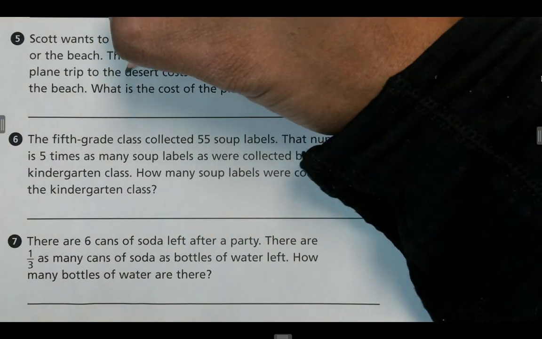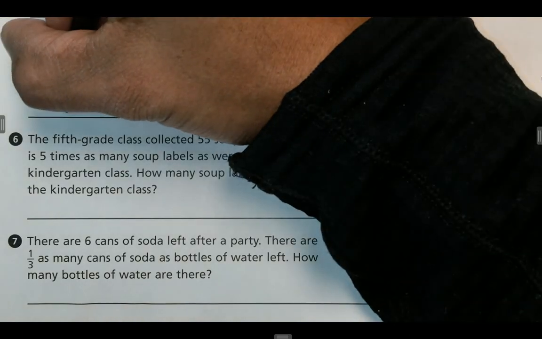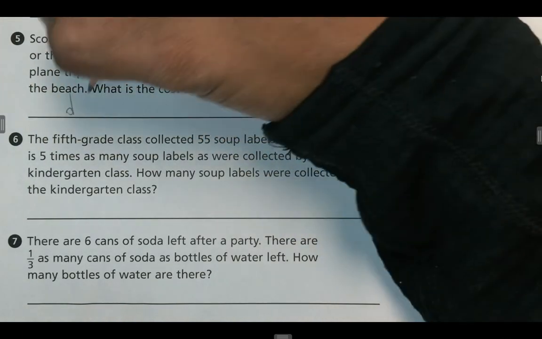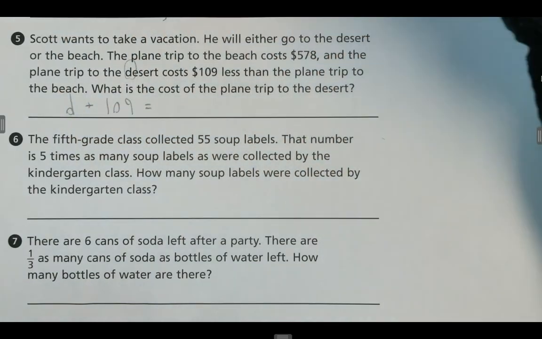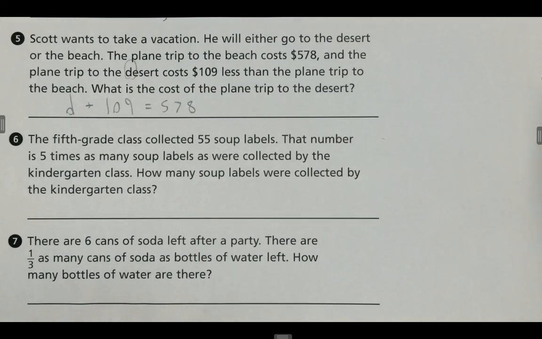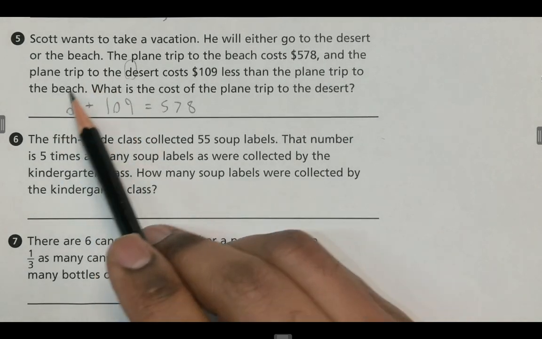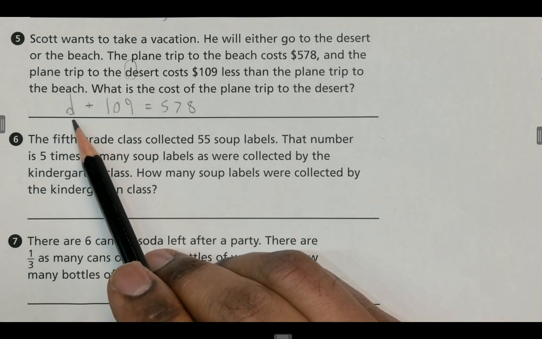All right. Well, the cost of the trip to the desert, which is cheaper, plus the difference, which is $109, is going to be equal to the slightly pricier, but well worth it, plane trip to the beach. What adjustment do we need to make to this side of the equation so that we're left with just D, the cost of the plane trip to the desert?